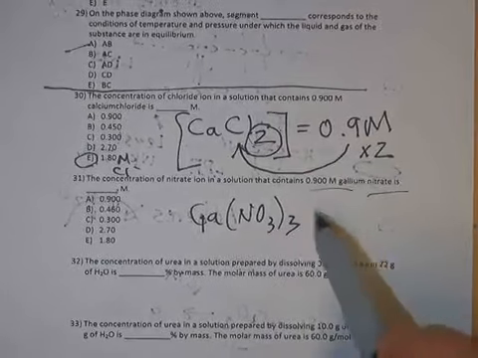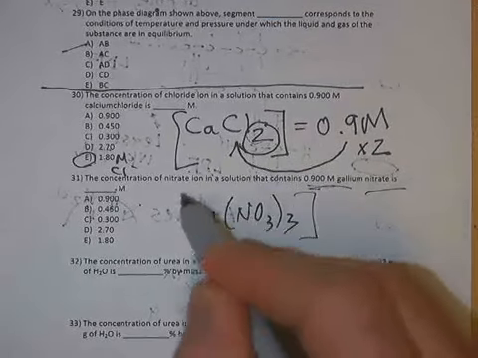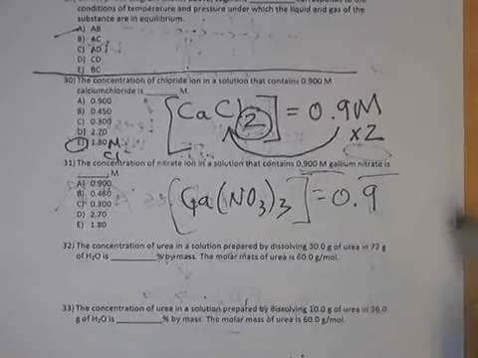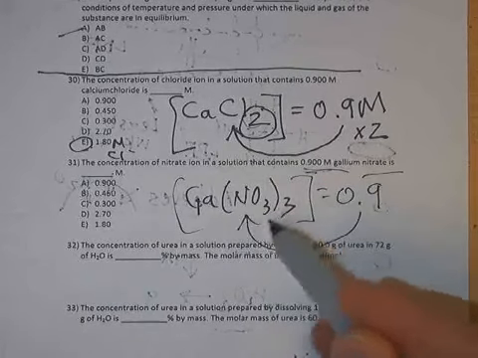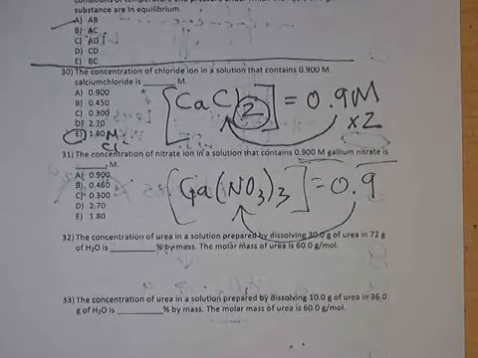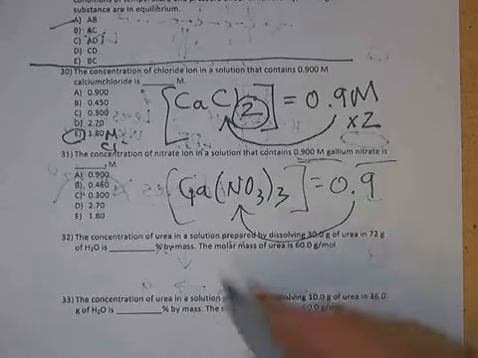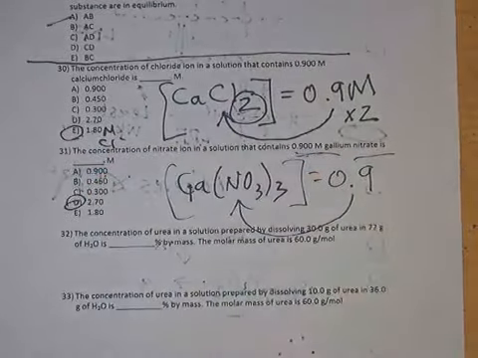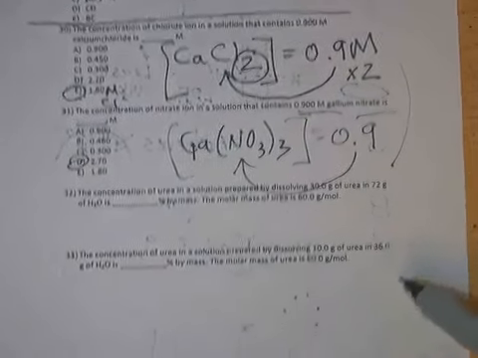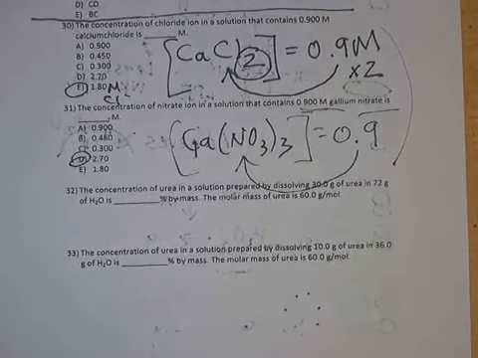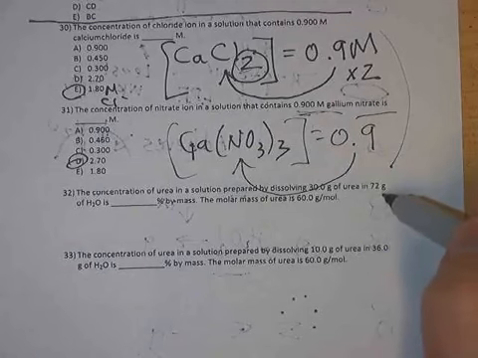So inside of this formula there are 2 chloride ions for every complete calcium chloride. So 0.9 times 2 is 1.8, so it would be 1.8 molar in terms of chloride ion. I don't think there's a question like that on the test. There are questions about molarity on there, but not like numbers on there.